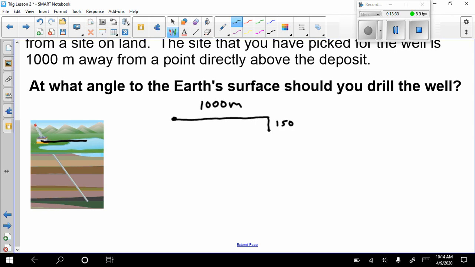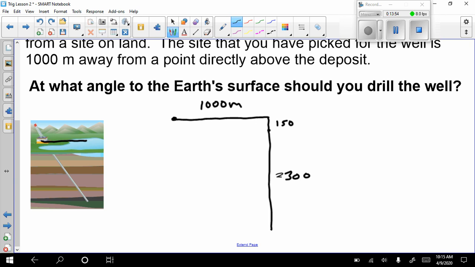But then the deposit is way down here, and that is 2,300 meters. Okay, so just, oops, I'm not sure why that was moving around. Let's try this again. 2,300 meters.